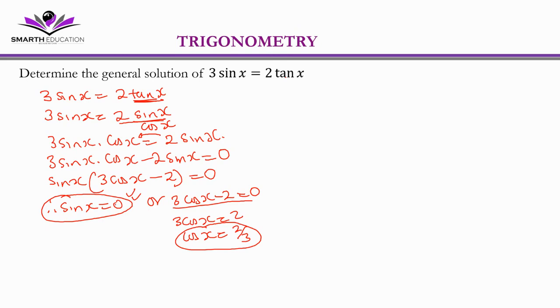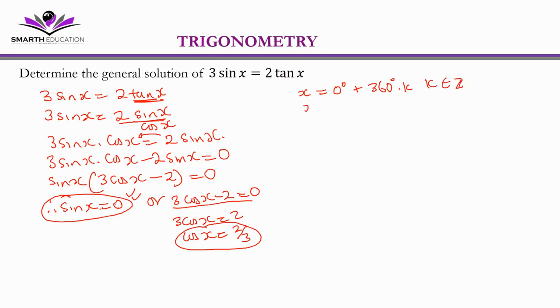Let's start with sine x is equal to 0. This is like in the first quadrant, and our reference angle is 0. Remember, sine x is positive in the first and second quadrants. In the first quadrant, x is equal to our reference angle, 0, plus 360 degrees times k, where k is an integer.